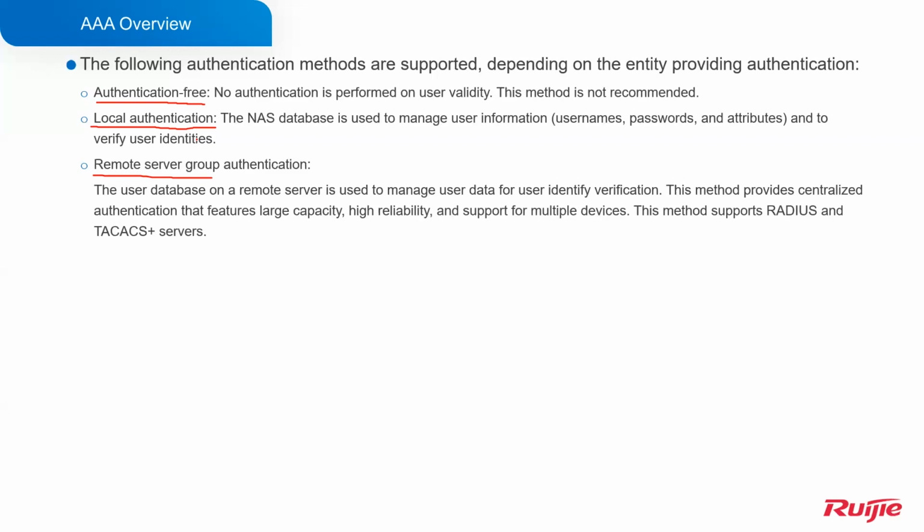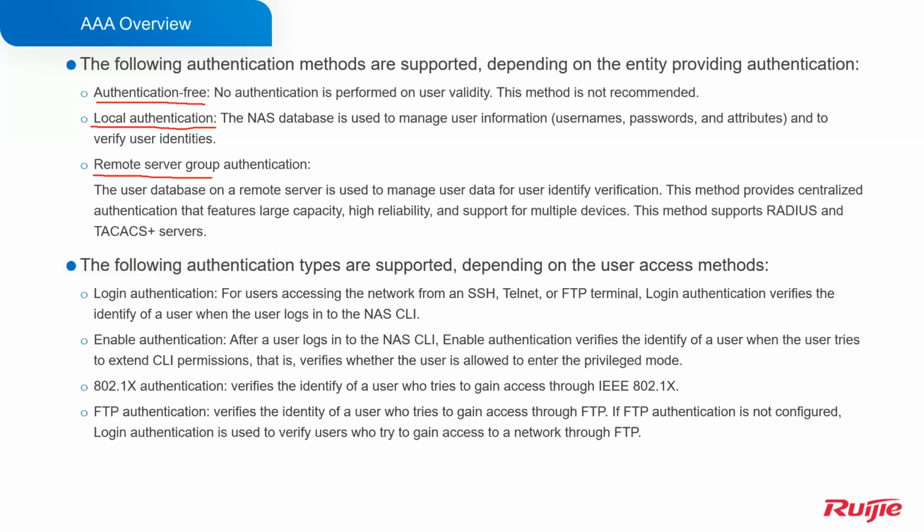Of course, if we use remote server group authentication, we could have an authentication server, and it can manage all the devices in this network in a uniform method, right? And it can improve the reliability and support large capacity. And this method supports RADIUS and TACACS+ servers, which we have just mentioned.